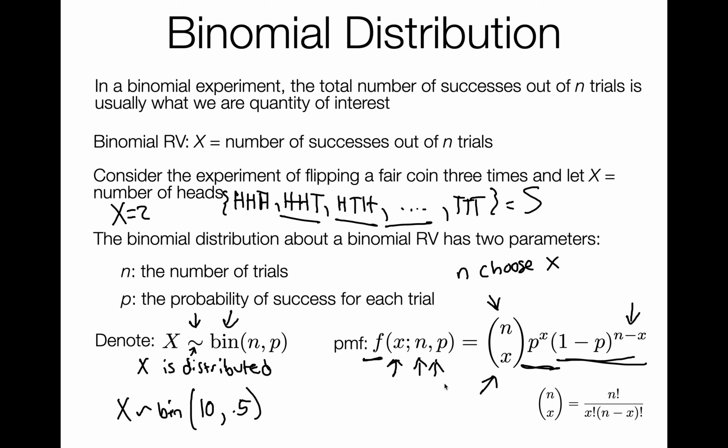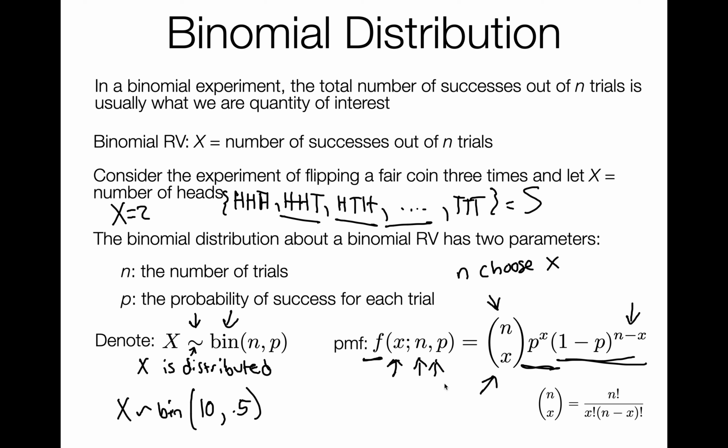Now, what does n choose x mean actually? How do you calculate it? N choose x is equal to n factorial divided by x factorial times n minus x factorial. If you forget what factorial means, it's the number times every number below it.